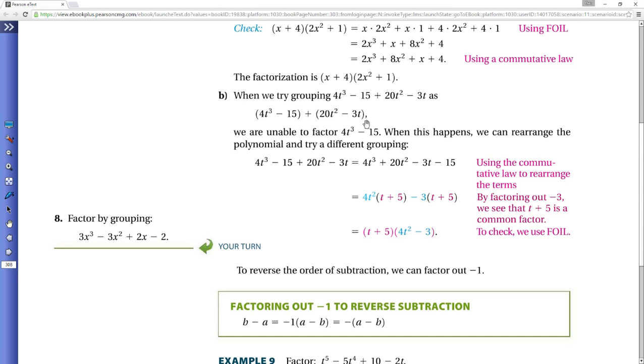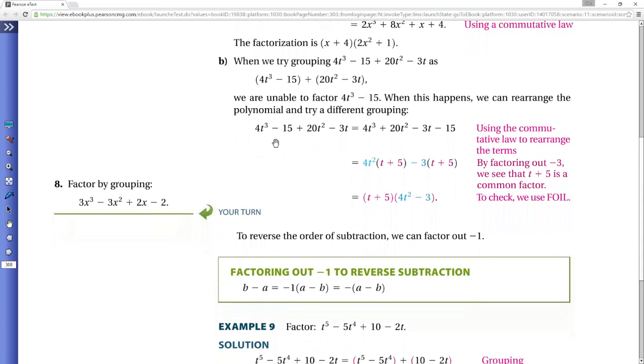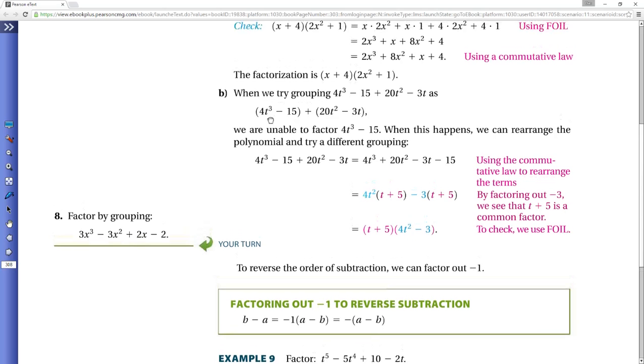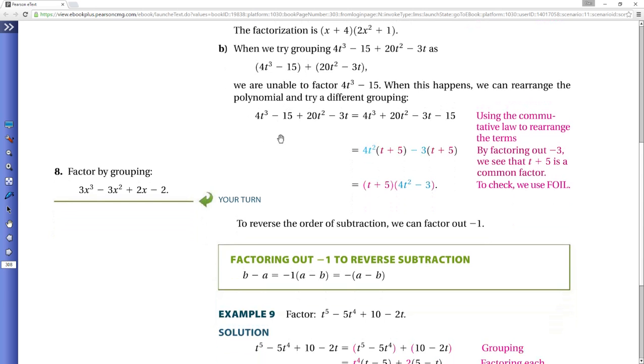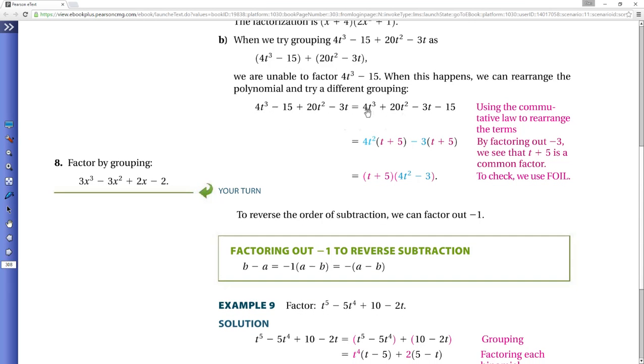This example here has some other things that can come up with negatives. And let's look at this part here. You might group this, and I go in here and I got this 4t cubed minus 15. And they factor this and they say, hey, looks like we can group this like this, and notice that they decided to change the order of the addition with a strategy.